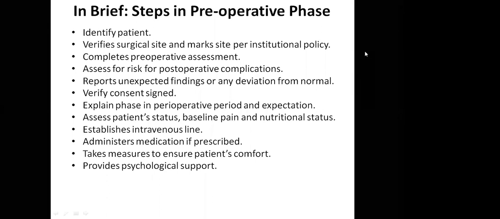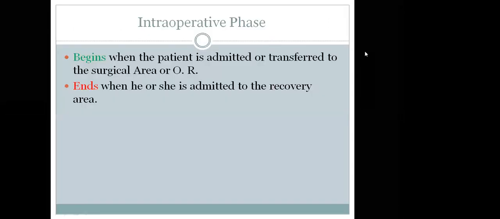Consent, perioperative expectations and complications which can happen should be noted down. Intravenous line to be taken, pre-medications, whatever is ordered, should be given, and make the patient comfortable and psychologically relaxed. Then comes the intraoperative phase.